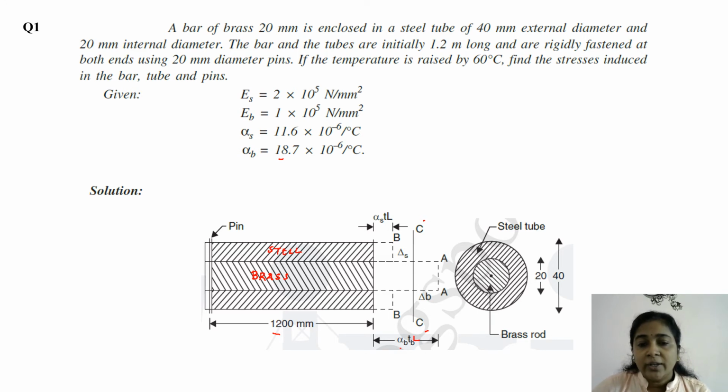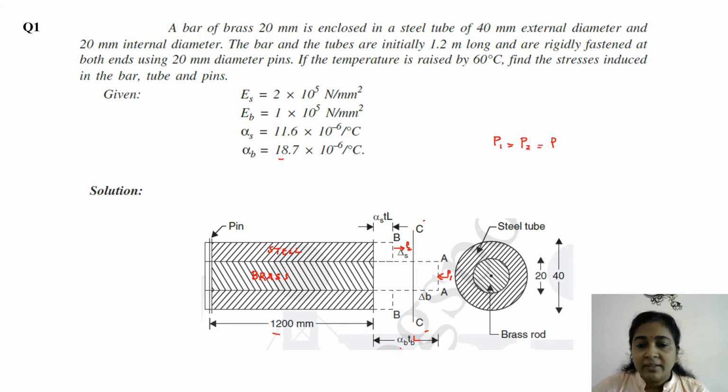In order for the brass to reach the final position CC, there should be a certain compressive force, let it be equal to P1, and for steel to reach the final position CC, there should be a tensile force P2. Then, as we have seen in the derivation, for the equilibrium of forces, P1 should be equal to P2, and let it be equal to P.